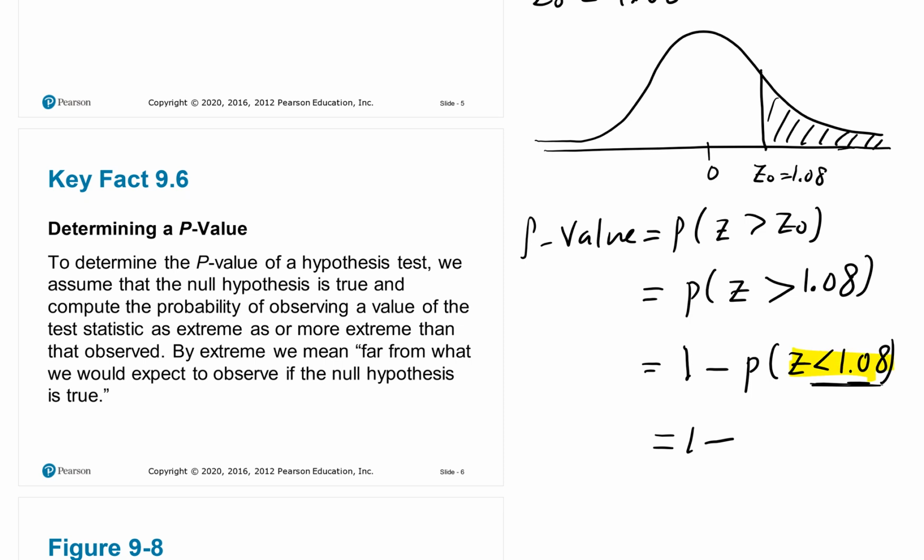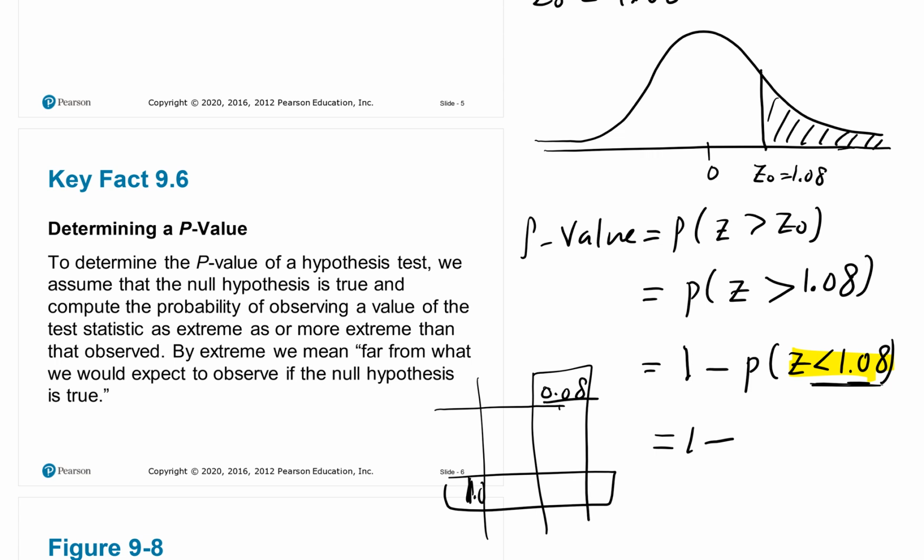So you go to the z table like this and find 1.0 here, and then here you look for 0.08. Horizontally this way, vertically that way.